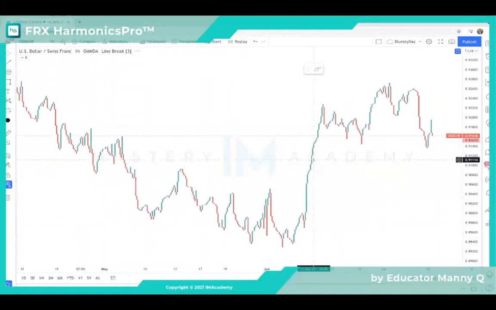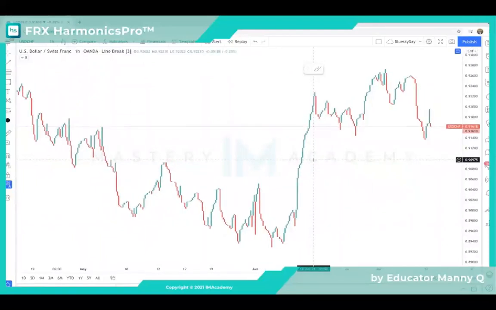Now, the line break is not your typical type of candle showing you the open, the close, the high, and the low, but the line break helps traders identify when there is a break in a trend and the market begins to reverse. So when you see the candles turn green, that means it broke the previous trend and is now bullish.